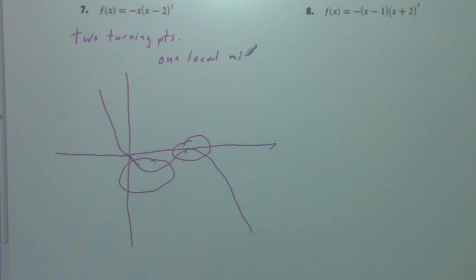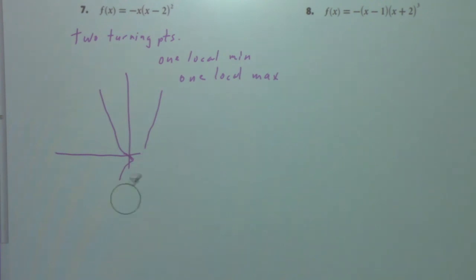So there's 1 local max. 1 local minimum, which is right here, and you say 1 local maximum too? Yes. Now, are there any global maximums or minimums? No. No global maxes or minimums here.